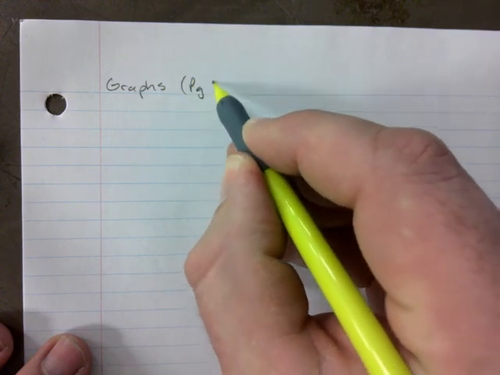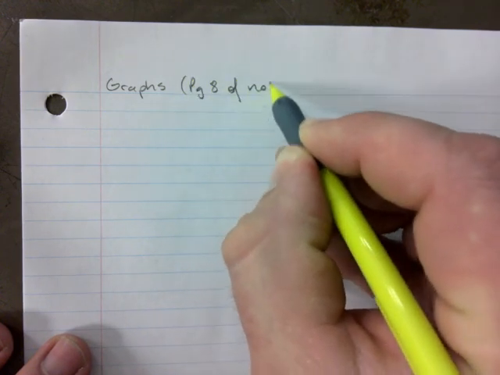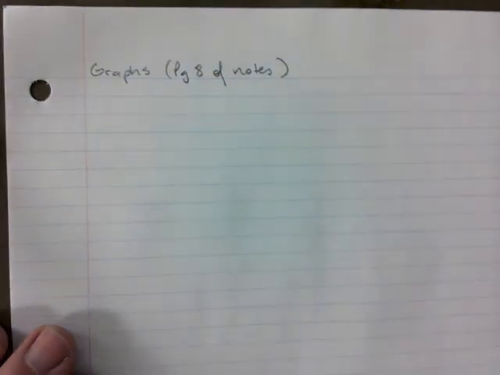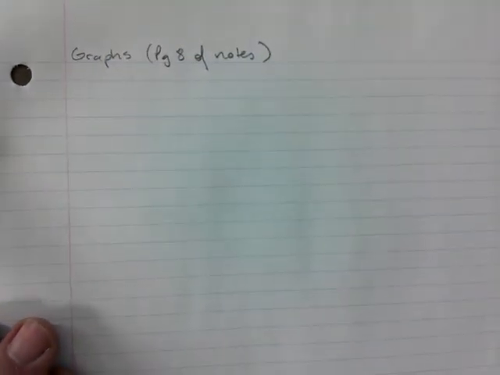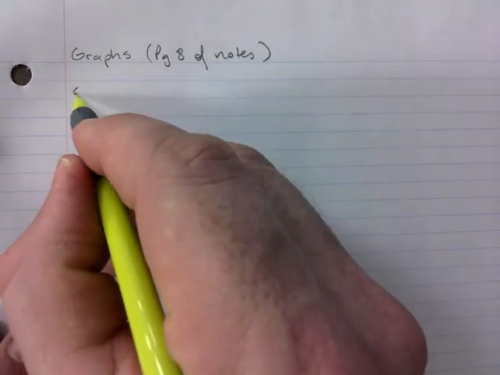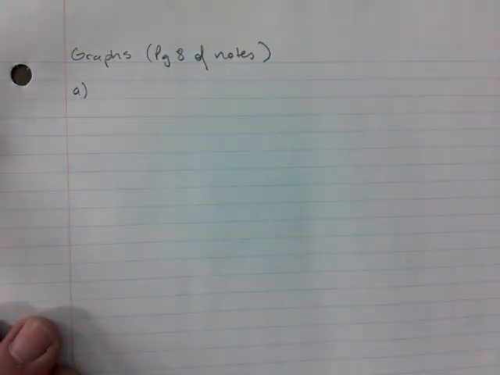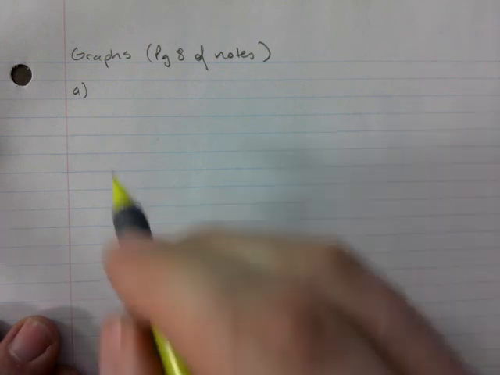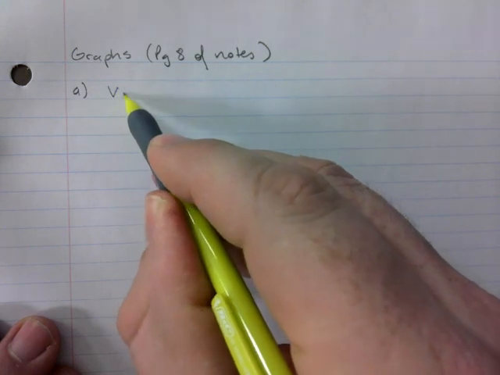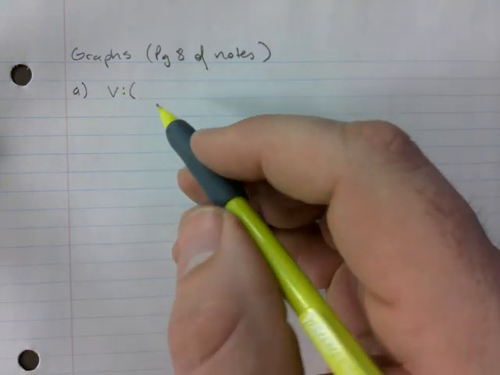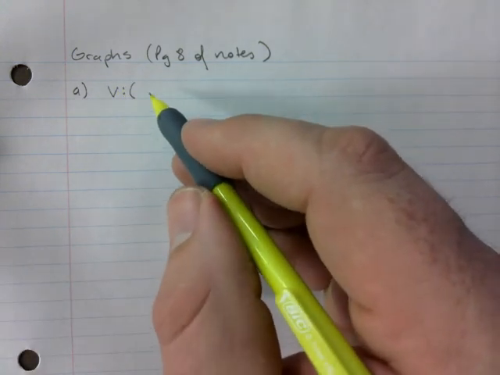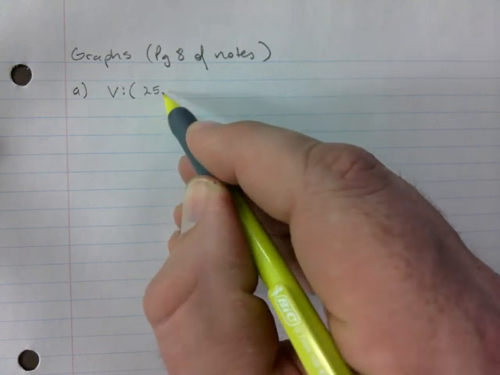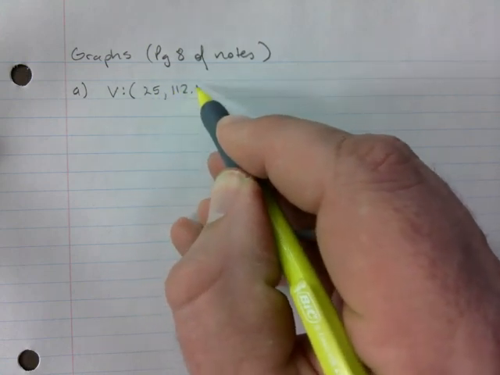Page 8 of notes. And we're going to do A first. And here's the little secret. All you need is the intercepts and the vertex, and you're in business. So my vertex, I copy it straight from my paper. My vertex is 25, 112.5.